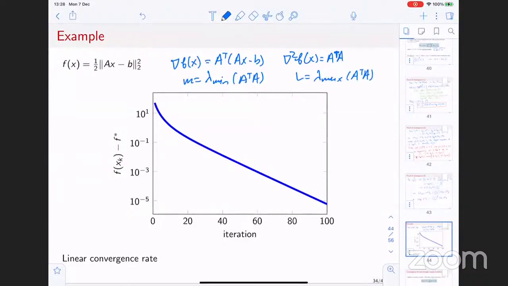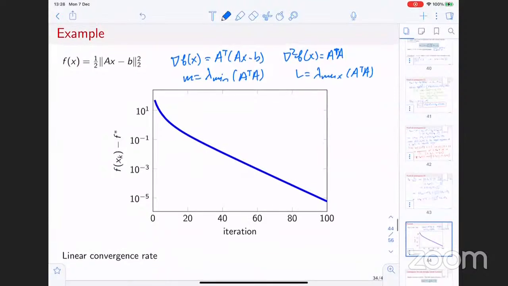Here, I've run the gradient method for 100 iterations on this function. And what I have plotted, you see this is a log scale here, is f of xk minus f star. I could have plotted as well the norm of xk minus x star; the plot would be very similar.